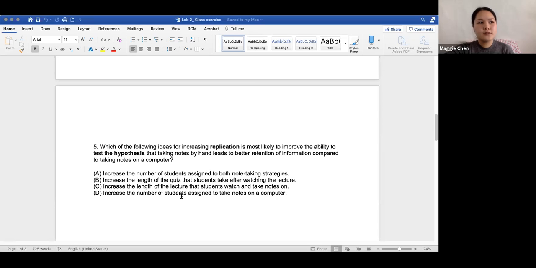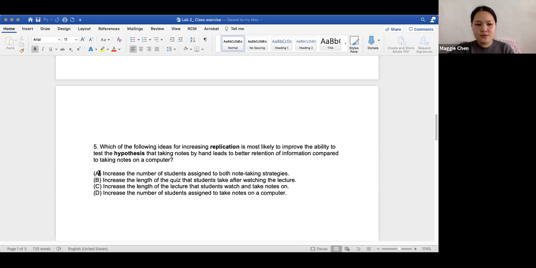So if we're thinking about how to increase replication and overall increase our final confidence in our outcome, we probably don't have to worry about B and C, because increasing the length of the quiz and the length of the lecture is not really important to us. Now comparing A and D, we would probably want to choose A, where we're increasing the number of students in both note-taking strategy groups.